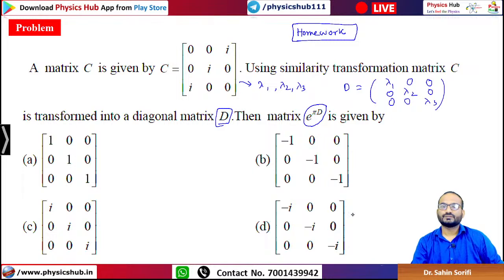I am trying to give you 1 or 2 problems as homework so that you go home, look at the things, and revise the classes regularly. That will be very effective. If you don't revise and just attend the classes, that will not be so effective.